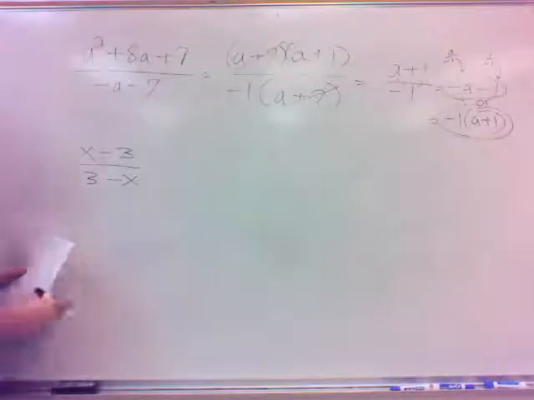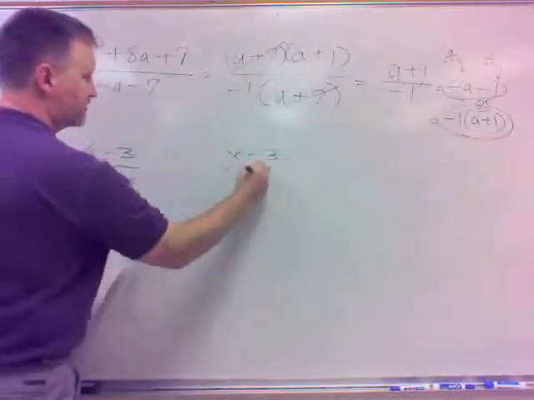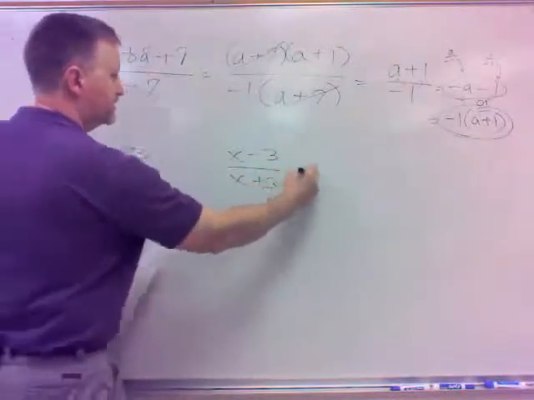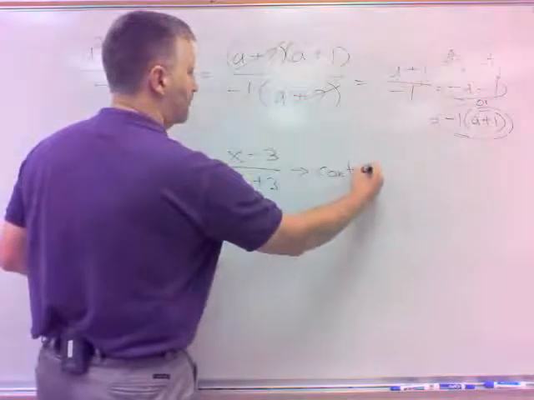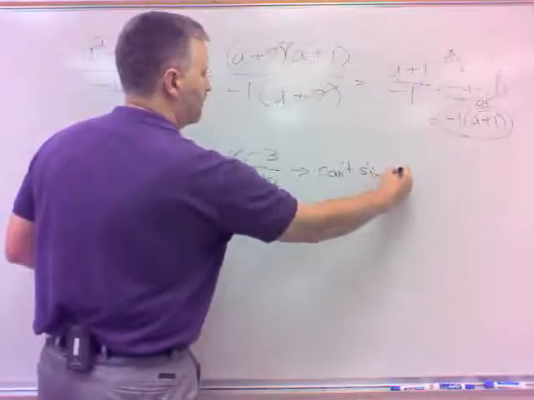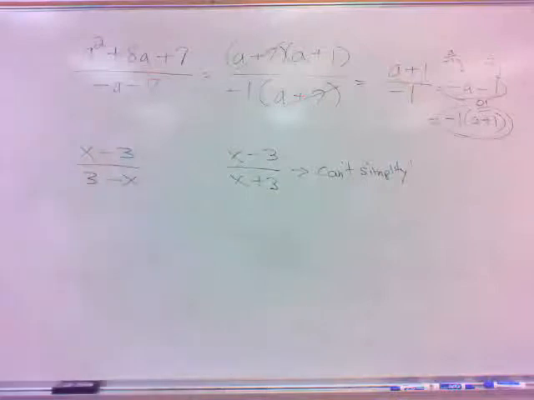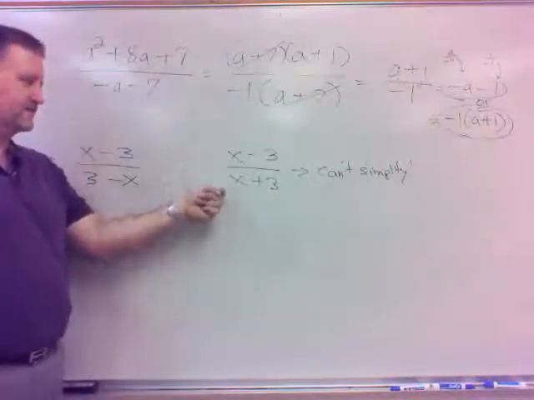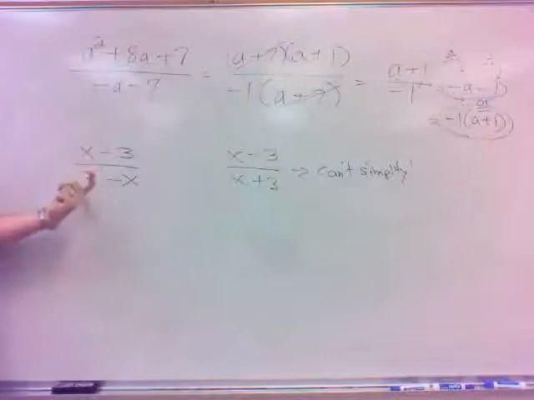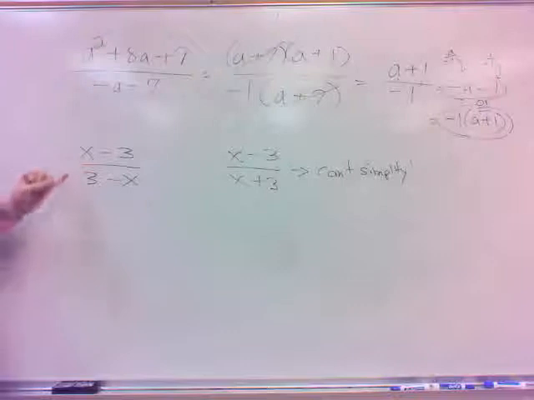Earlier we said x minus 3 over x plus 3, you just can't simplify that. This is a little different, though. Do you see maybe a little difference here? This is x minus 3, this is x plus 3. This is x minus 3, and then this is just the reverse of it, 3 minus x. And it turns out in those scenarios you can reduce. Here's how.